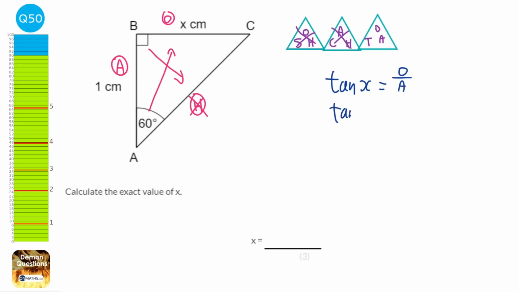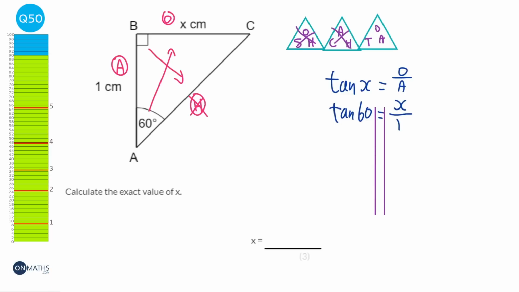The angle is 60, so it's tan 60 equals x over 1. And now we're looking for the exact value of x. So if I times both sides by 1, or just get rid of the fraction, we end up with x equals tan 60.